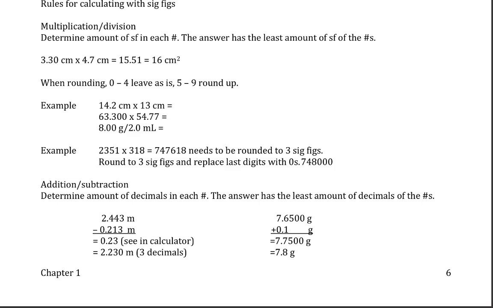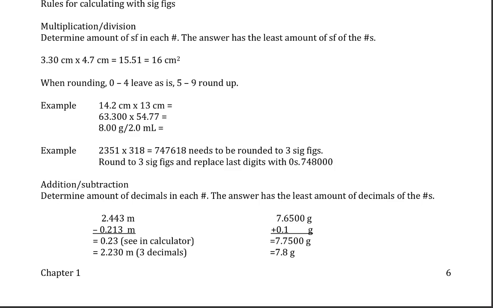In our calculator, we might see 0.23 because 3 minus 3 is 0, and the calculator doesn't necessarily show that. But what we have to realize is if we had 3 decimals in each of our original numbers, we're going to want 3 decimals in our final answer. So what we're going to report is 2.230 meters.